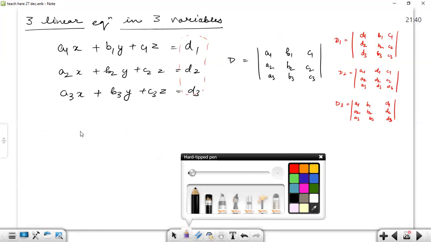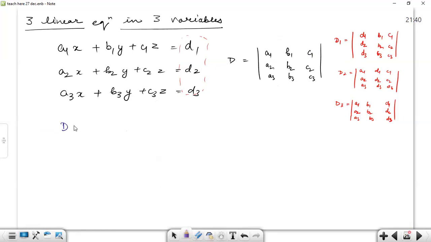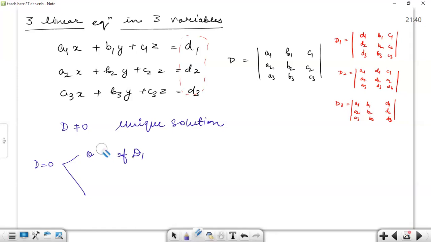If D is not equal to 0, then there exists a unique solution for x, y and z. If D is equal to 0 and D1, D2 and D3 all are 0, then there will be infinite solutions.